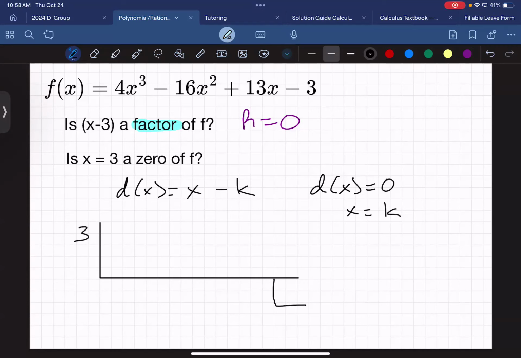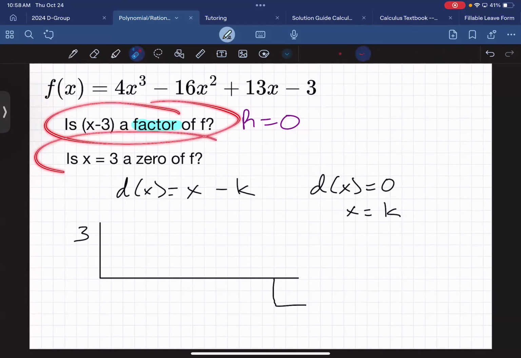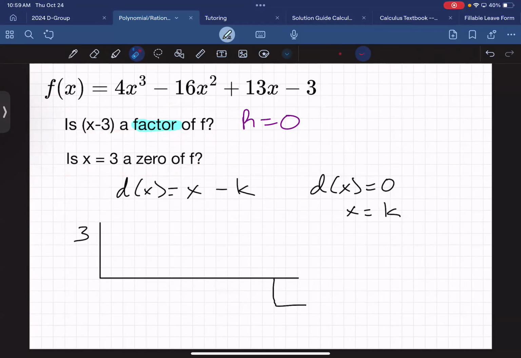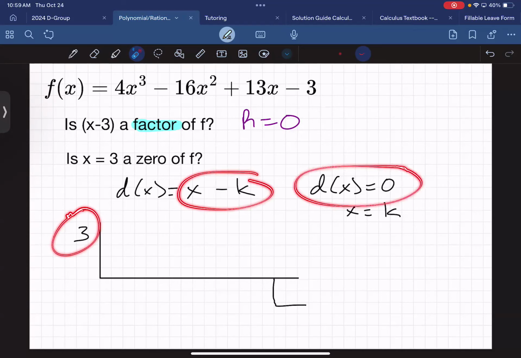Now, keep in mind, either of these questions can lead us to this 3. So make sure you see that. If I ask you if x minus 3 is a factor of this, make sure you remember, I need to use the K value, not the factor itself. But if I tell you to let x equal 3, I just take it as it is. If you get stuck, remember to set it equal to 0, and that's your process there. Everyone follow where the 3 is coming from?